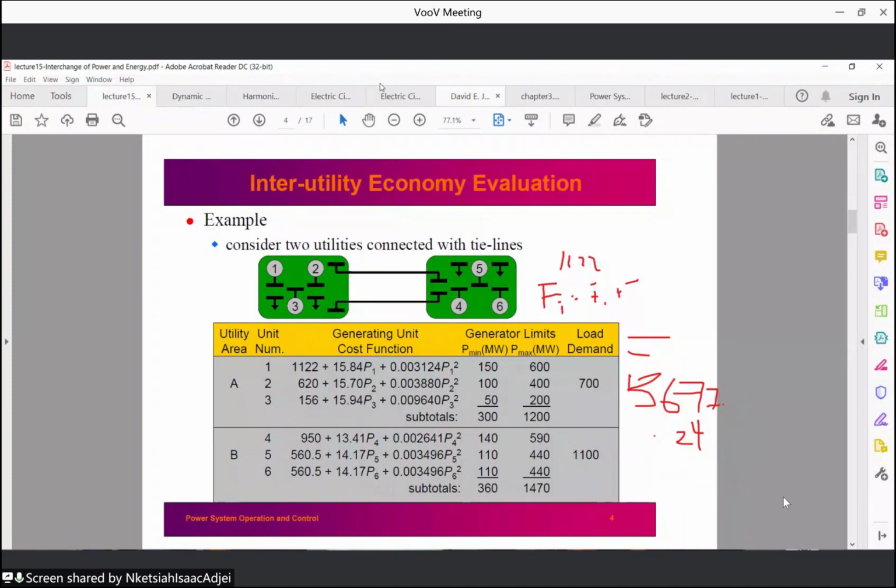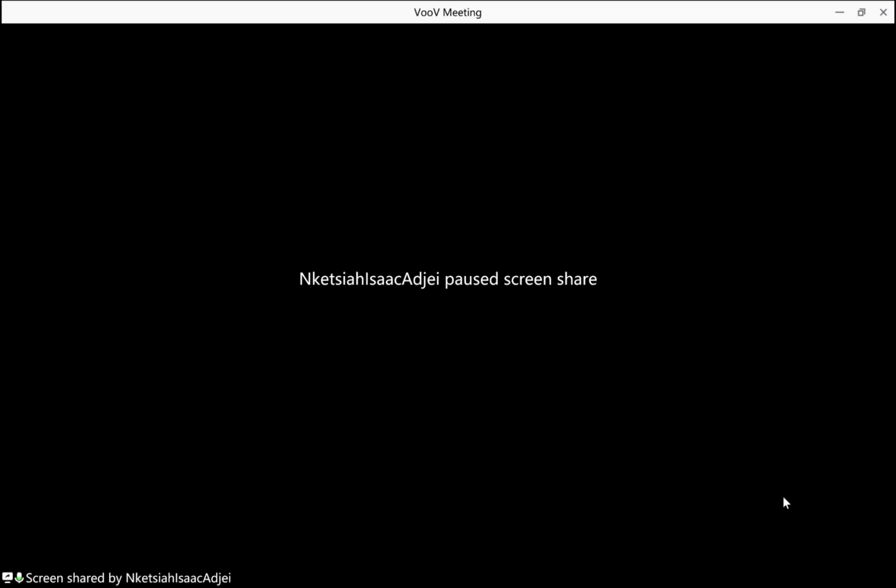So our lambda is, for the first part, lambda minus 15.84 over 6.